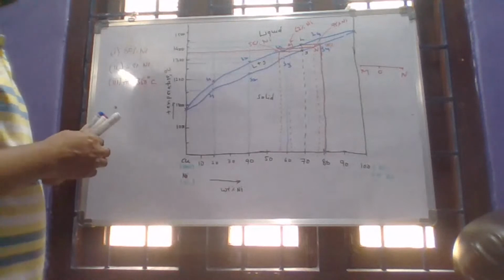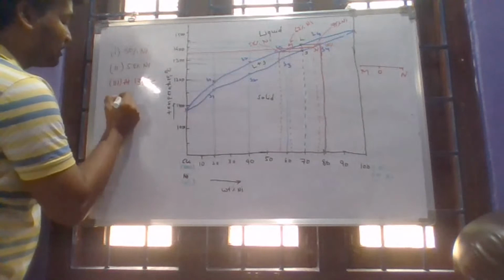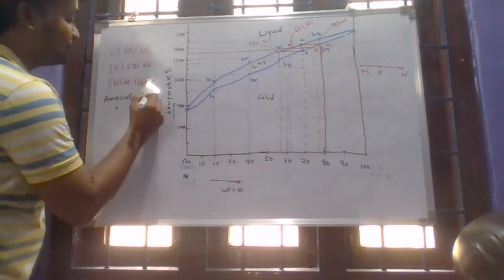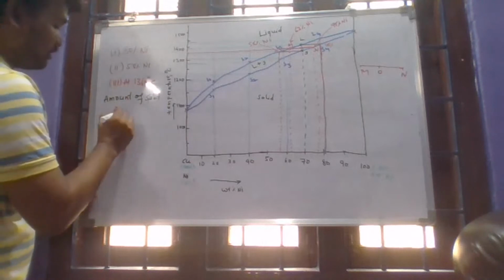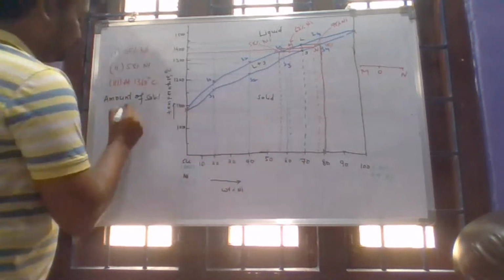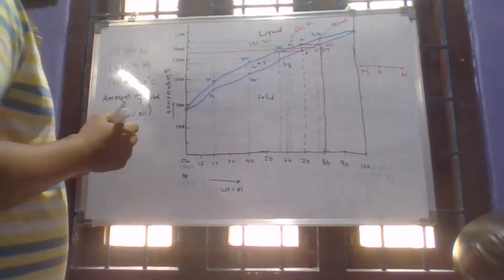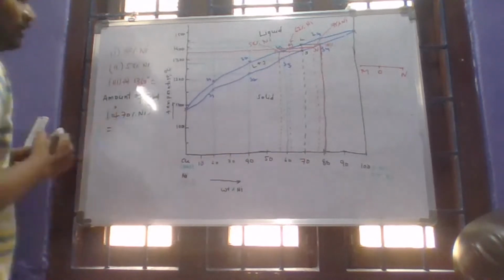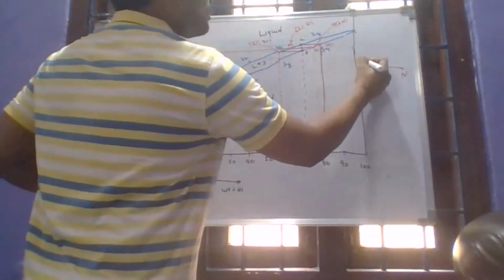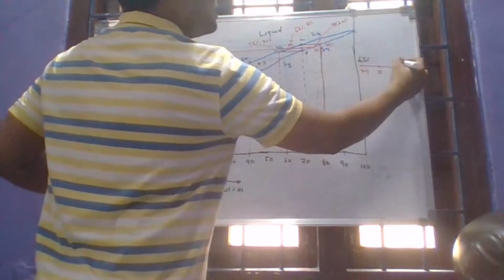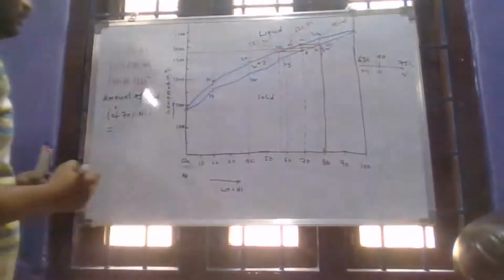To calculate the amount of solid, at the 70% nickel composition, by applying the lever rule, this is 63% nickel, this is 75% nickel, and at the midpoint you have 70.